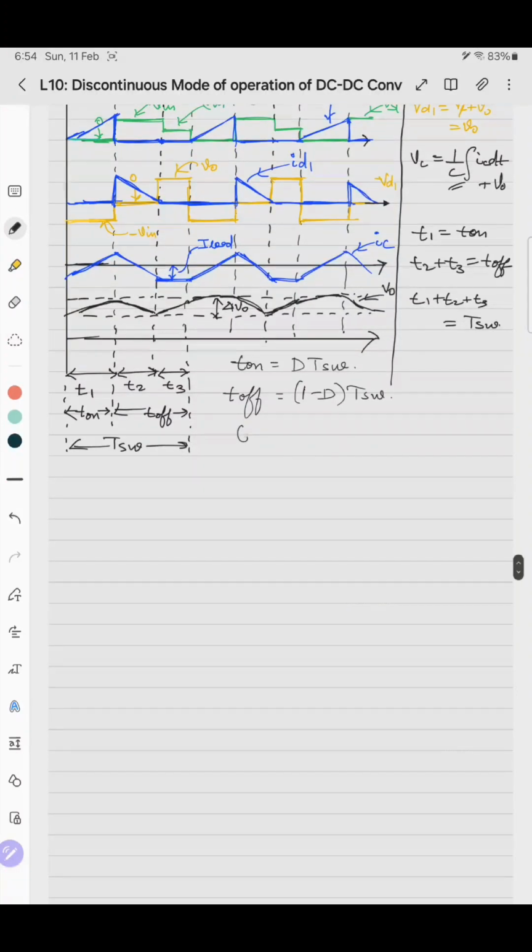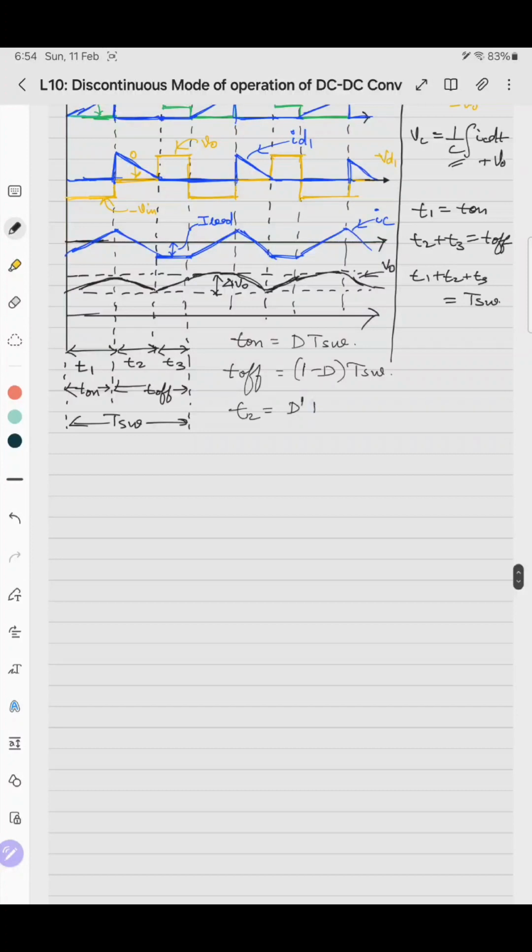Say that T2 is some D dash, because D1 is already our diode, that is D dash into T switching. So T3 will be what?